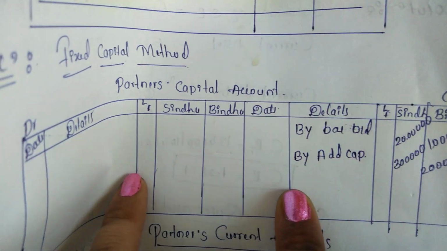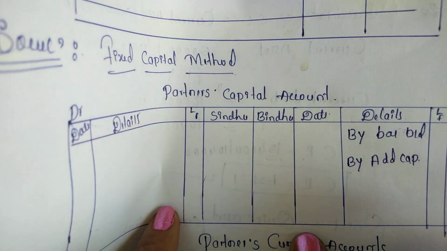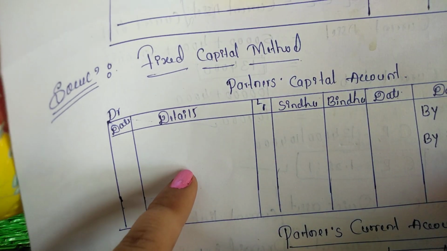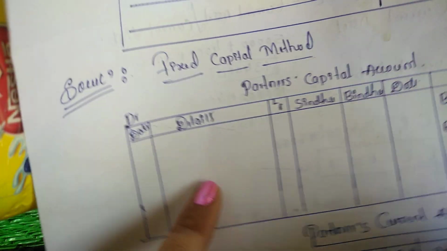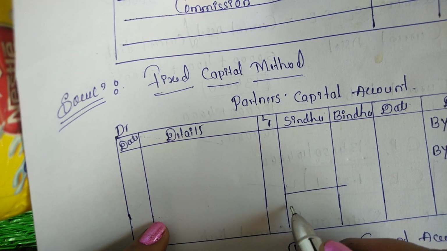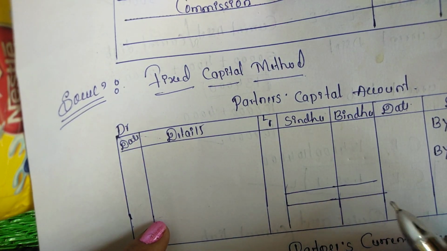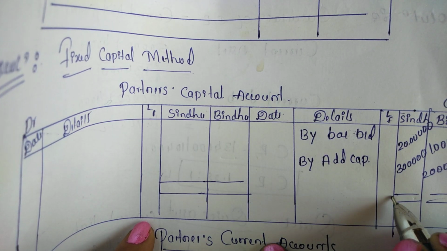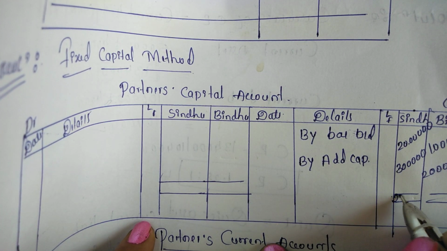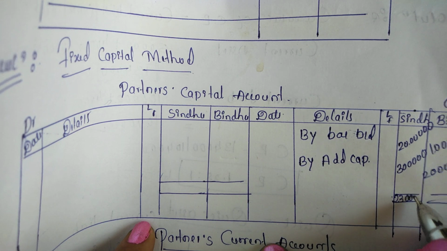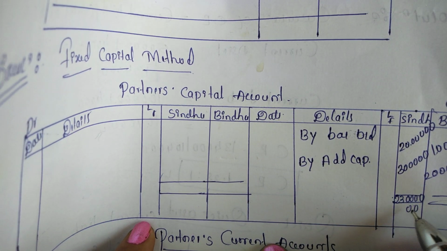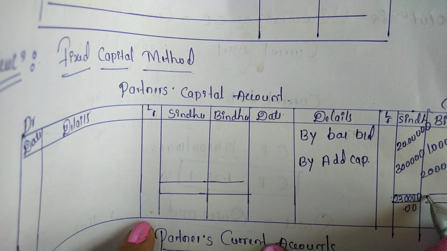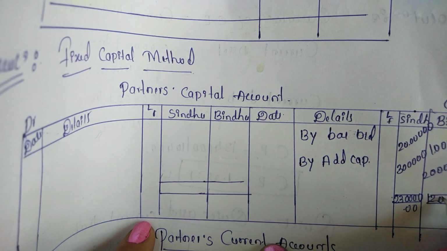Only these two items should be entered: one is the balance, the other one is the additional capital. After that you total it and write it as balance carried down. Here the total is 23 lakh and 12 lakh.